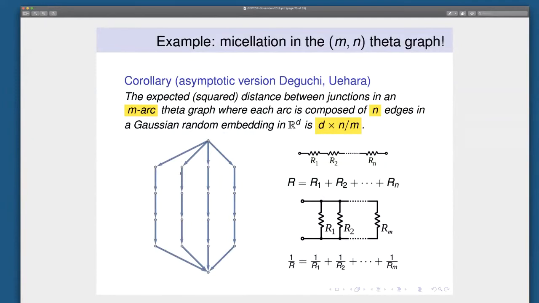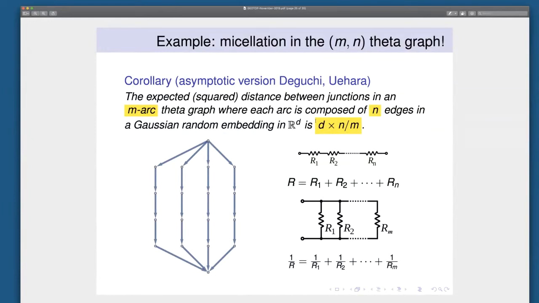So what if we keep adding junctions? And now that we understand that this is a resistance problem, you can do this in your head. So of course, these are resistors in series. So each has resistance N because there are N unit resistors in series. On the other hand, there are M of these resistors in parallel. So we're summing up 1 over N, 1 over N, M times, giving us M over N, but that is 1 over the total resistance.